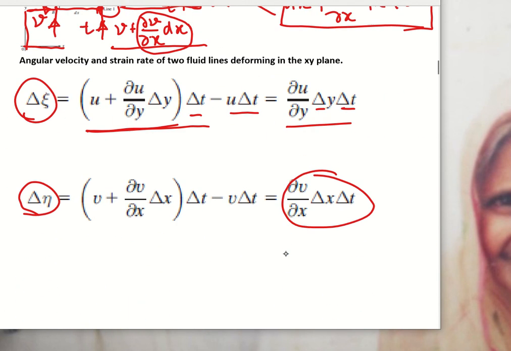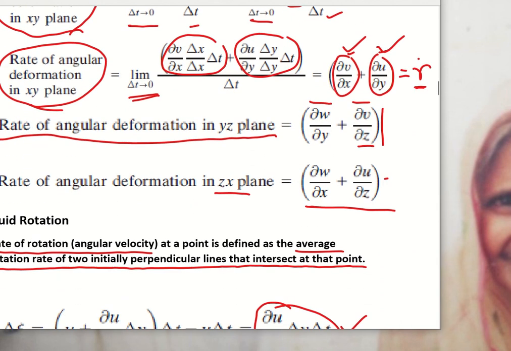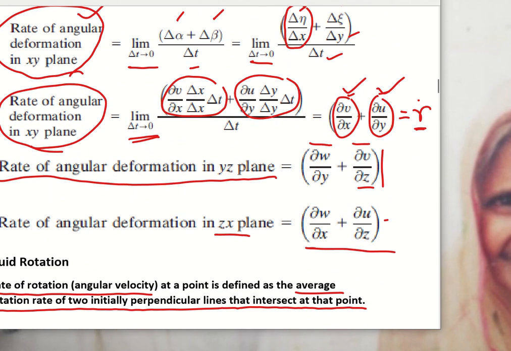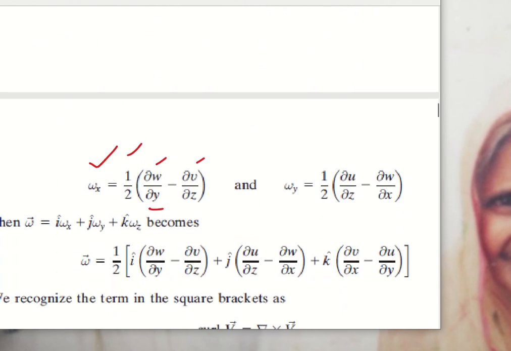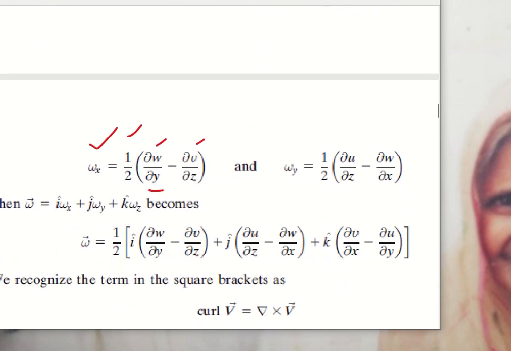Similarly, the rotation in the x direction is equal to 1 over 2 of del w over del y minus del v over del z, and omega y, in the xz plane, is equal to half of del u over del z minus del w over del x.